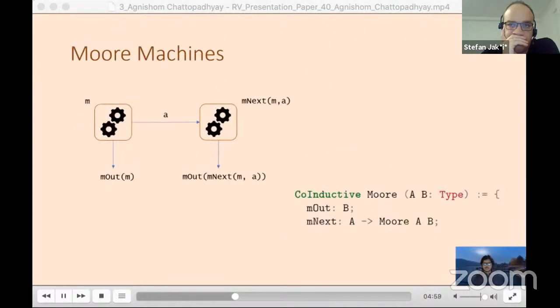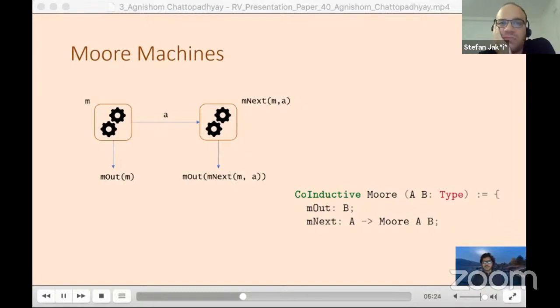We use Moore machines to formalize the idea of algorithms. These are stateful machines with an associated output at every state, which we call mout. The state is updated as the machine consumes more input using the mNext function. In our formalization, we use a co-inductive definition where the state is not made explicit.